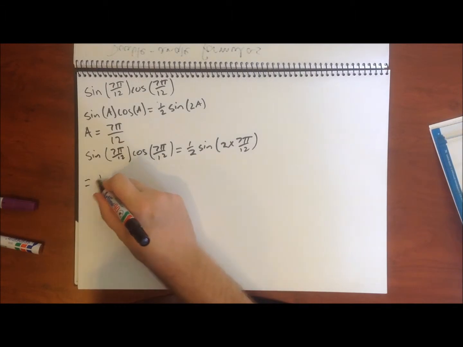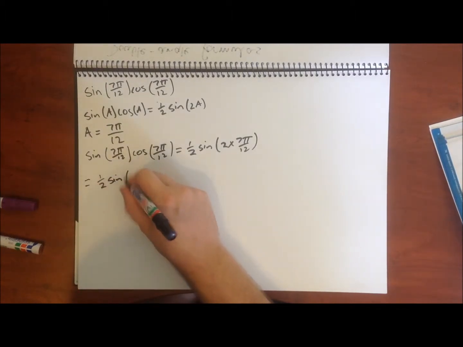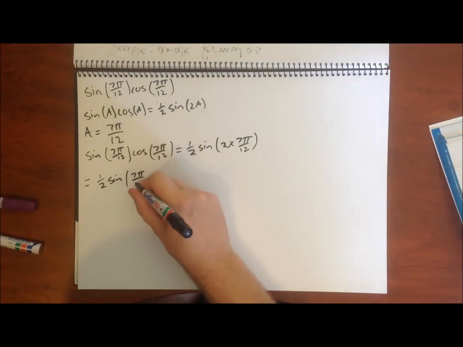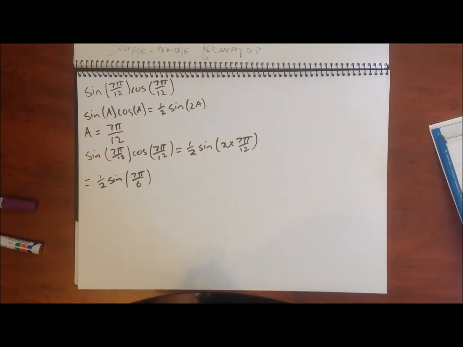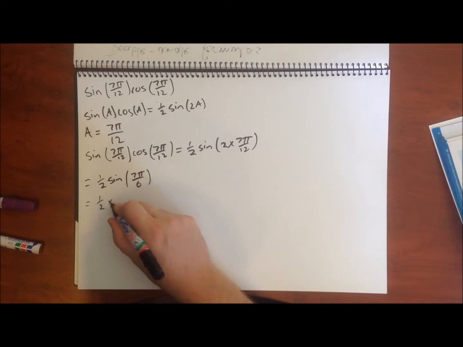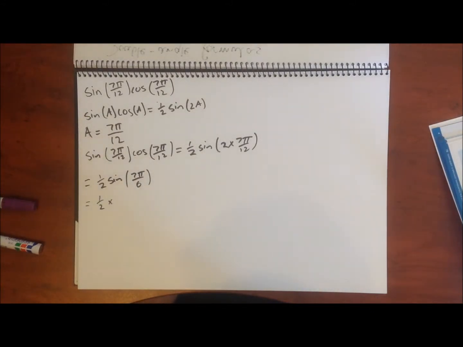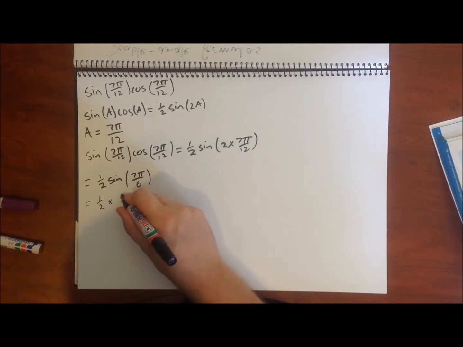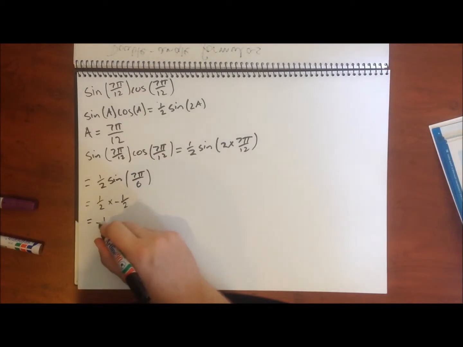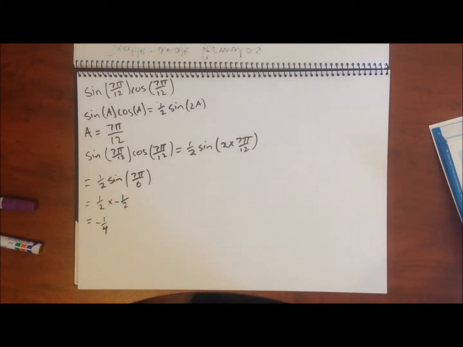Well, 2 times 7 pi on 12 is just going to be 7 pi on 6. Okay, you can see we're bigger than pi there, so we're going to be in the third quadrant. Sine of pi on 6 is equal to a half, but 7 pi on 6 is in the third quadrant, which means sine is negative, so it's going to equal negative a quarter for our answer there.